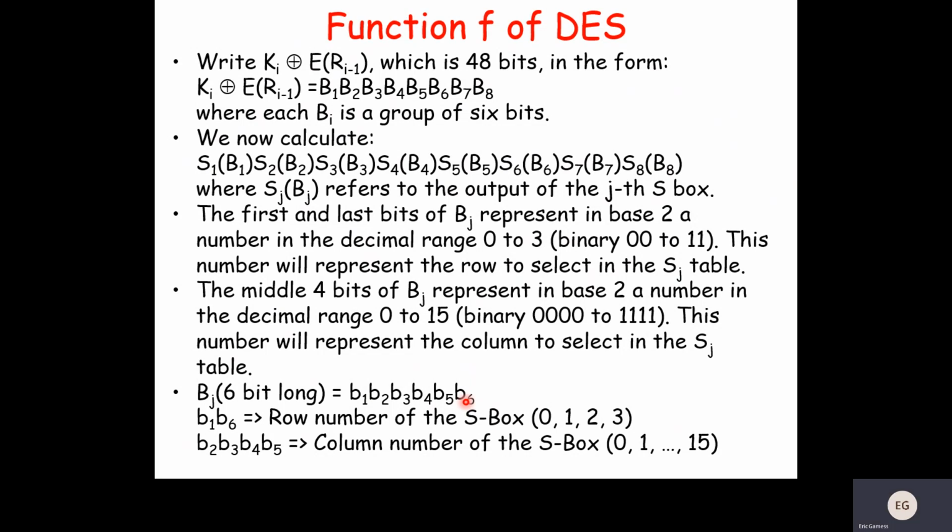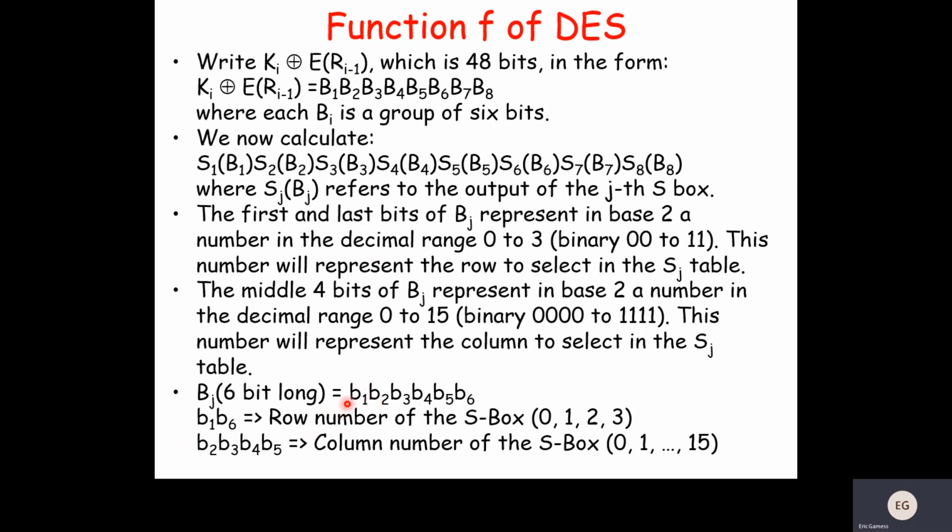How do you select the column? We have 16 columns. So you will take the bits that are in the center, from bit 2 to bit 5. We have 1, 2, 3, 4 bits. If we have 4 bits, we can go from 0 to 15. So from 0 to 15, we will select a column.